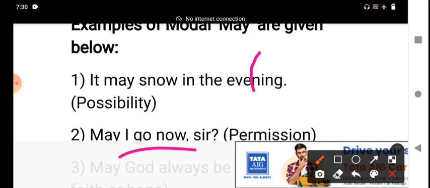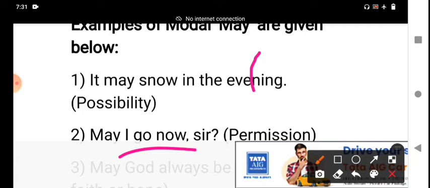We should also understand the structure of the sentence, following the meaning, the language function. What is the language function? It may snow in the evening. It may be possible. What is the structure? Subject, verb, and complement structure.